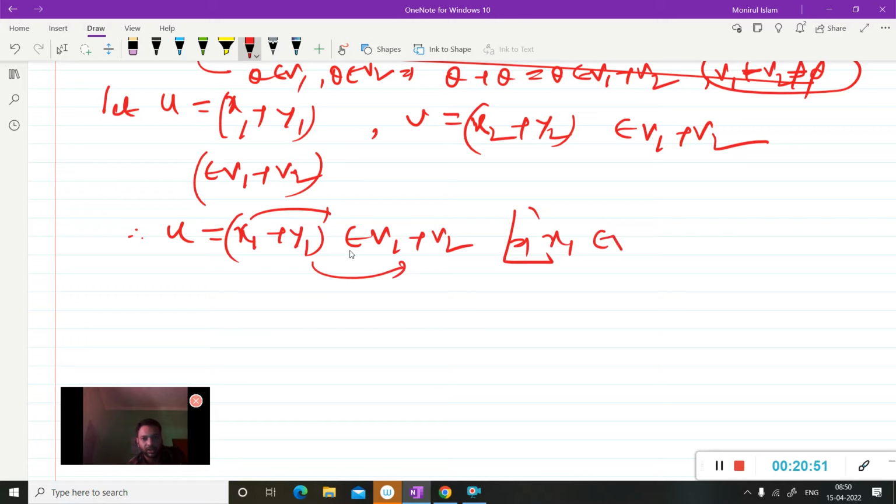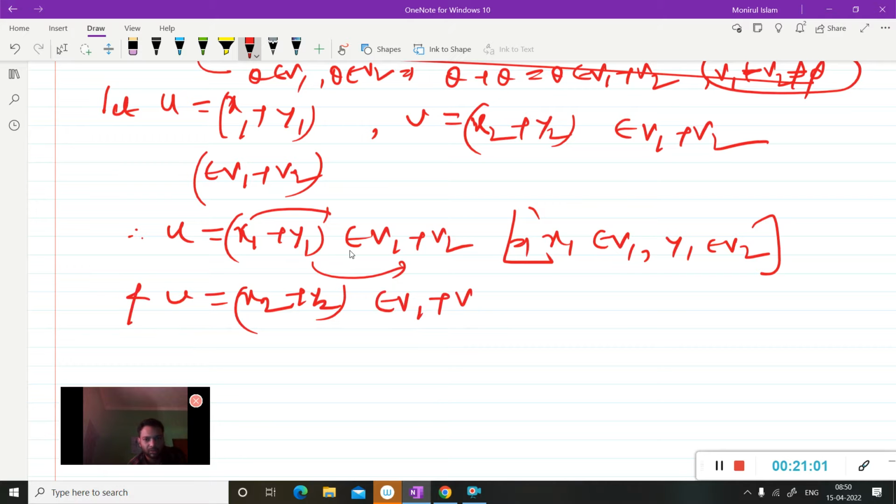Similarly, for v equal to x2 plus y2, x2 belongs to V1 and y2 belongs to V2.